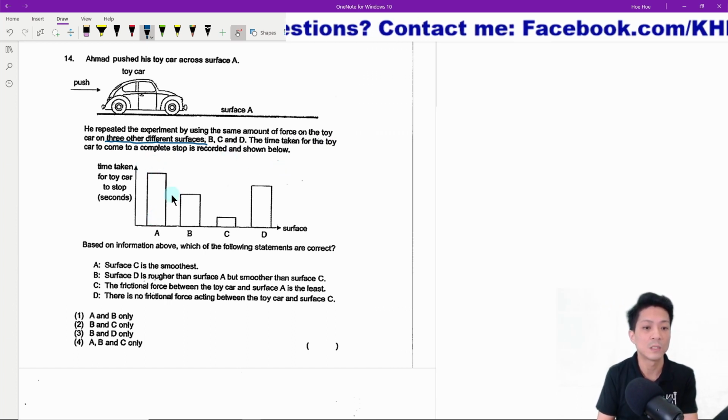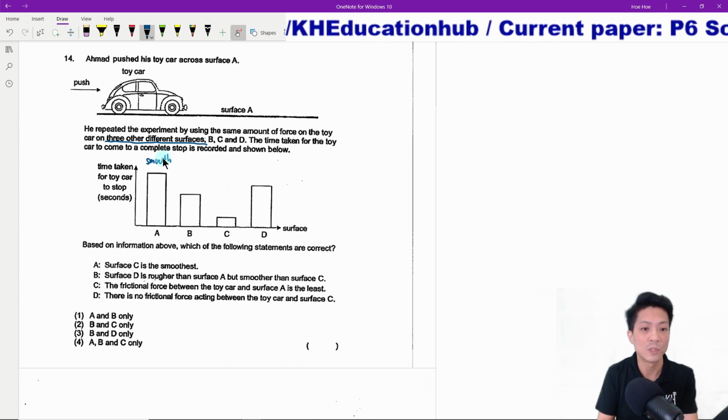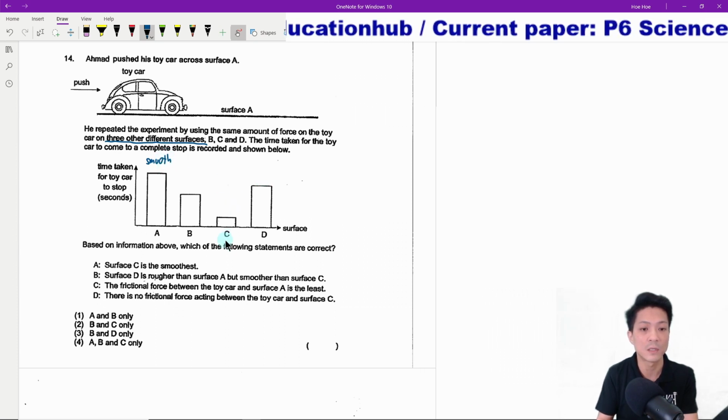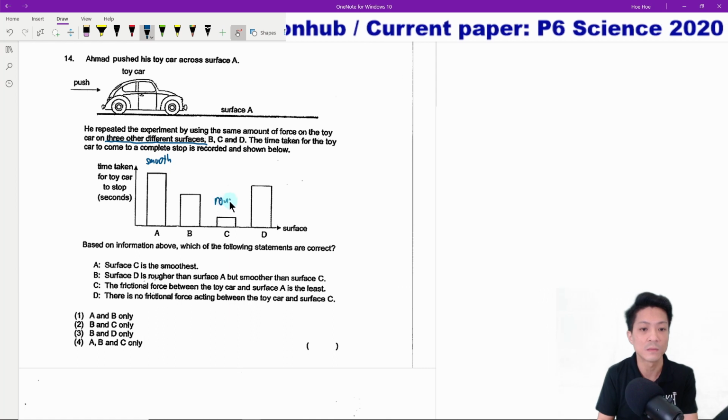So time taken for A, B, C, and D. You can see that A takes the longest time to come to a stop. So this should be the smoothest surface, and D should be the roughest.